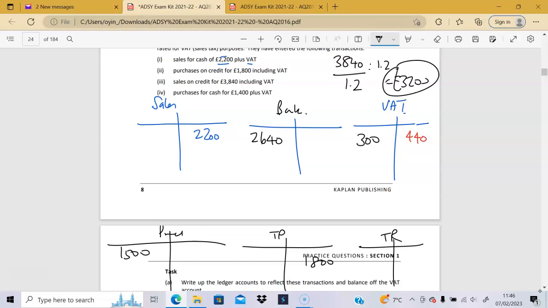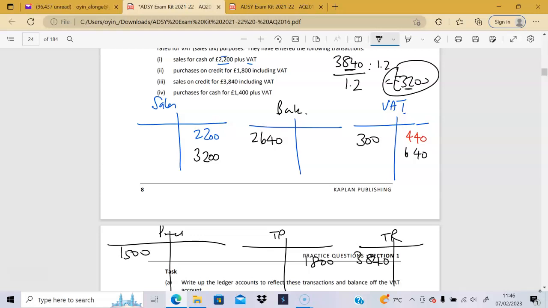So 3,200 is what I keep for myself. So I will have here 3,200. The difference between this and this is the actual VAT, which looks like 640. Yes, and you will receive 3,840 from the client at some point.